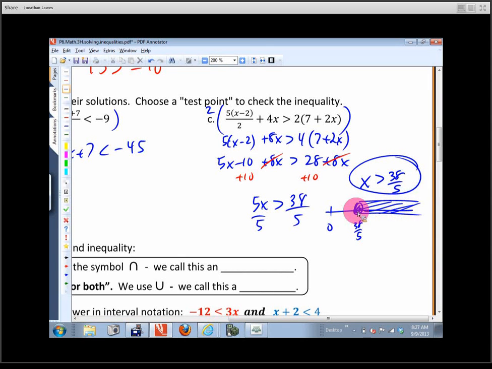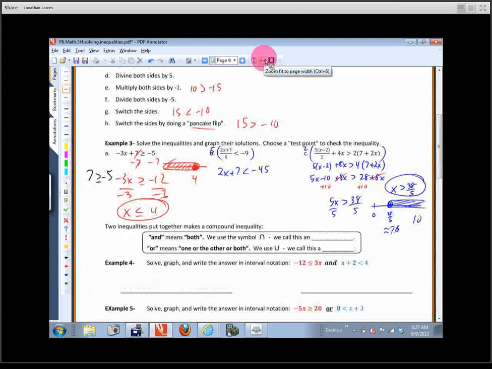And then pick a test point. This is a little bit more than 7. It's like 7.6, isn't it? So pick any number you want bigger than that. Say plug in a 10. If you plug a 10 into the original equation, it better work. If it doesn't, you've done something wrong. Okay? Any questions on those inequalities there?